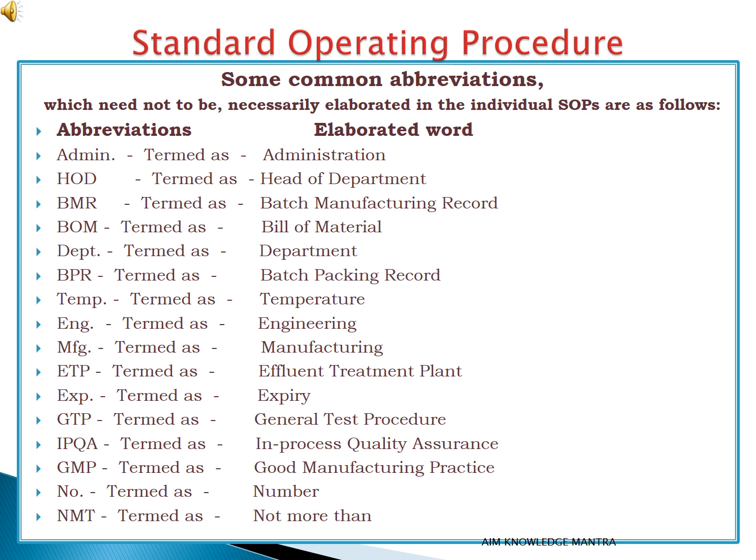Abbreviations and elaborated words. Admin, termed as administration. HOD, head of department. BMR, batch manufacturing record. BOM, bill of material. Department, termed as department. BPR, batch packing record. Temp, temperature.